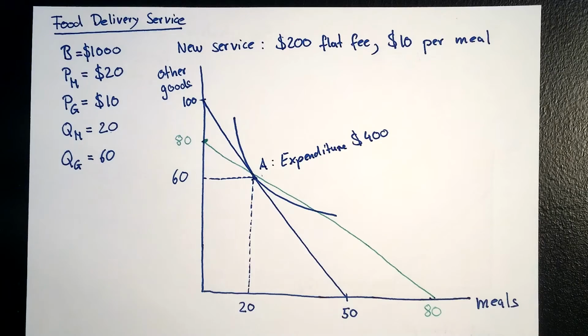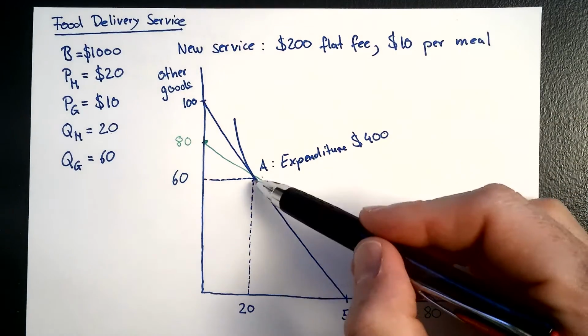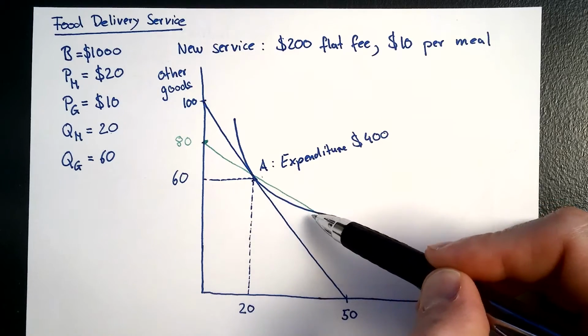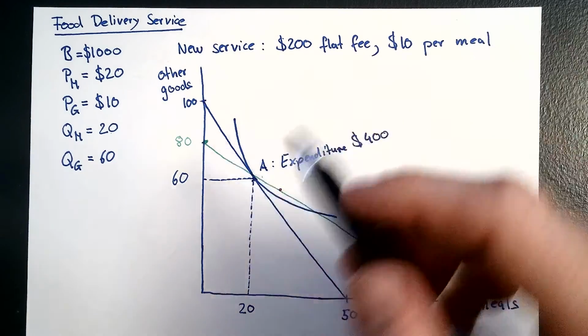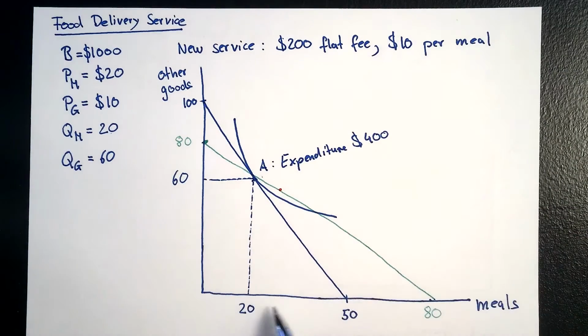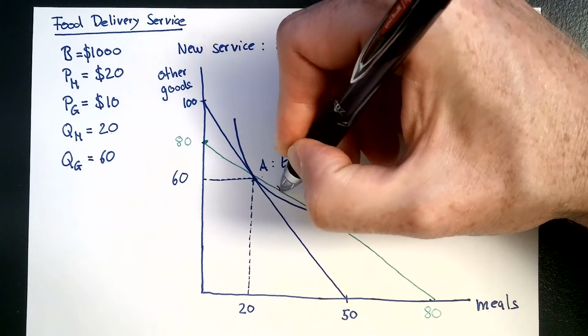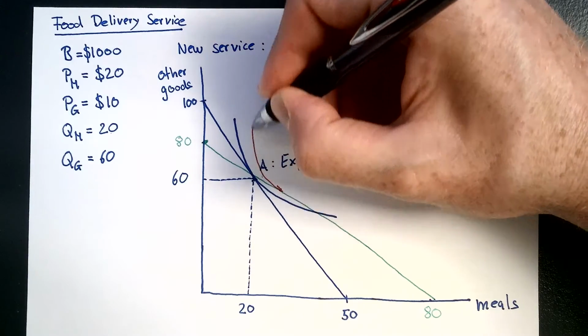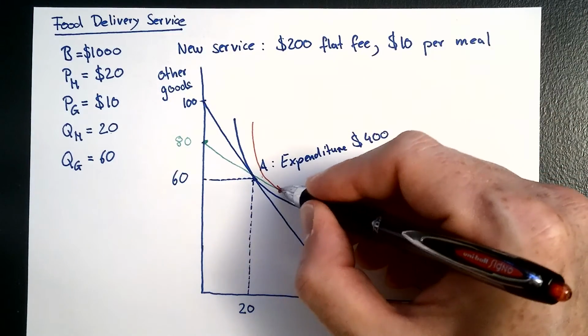However, as you can see, we now have this part here, where if we rearranged our consumption, in the sense that if we were to purchase more food with the new service, we could achieve a higher level of utility.